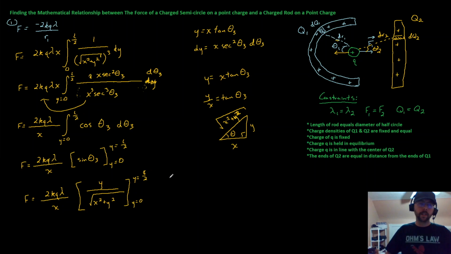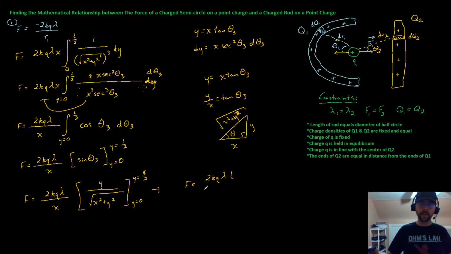And now I could probably just write this beside it because it's almost filled in. So we're going to subtract away the bottom, but I don't really need to because the bottom y equals 0, it's going to be 0 divided by x, and that's just 0. So the bottom term evaluates to 0. The top term is what we're worried about, so we're going to end up with as our final answer f equals 2k q lambda L over 2.